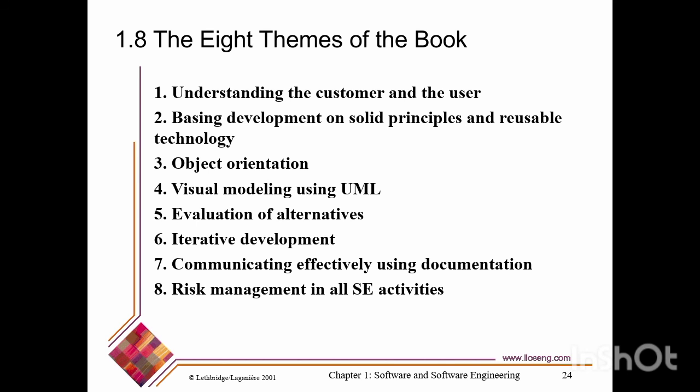Understanding the customer and the user means knowing who uses and who pays for the development of the software. We have to understand them first. Object orientation is the representation of the classes and objects of the domain.